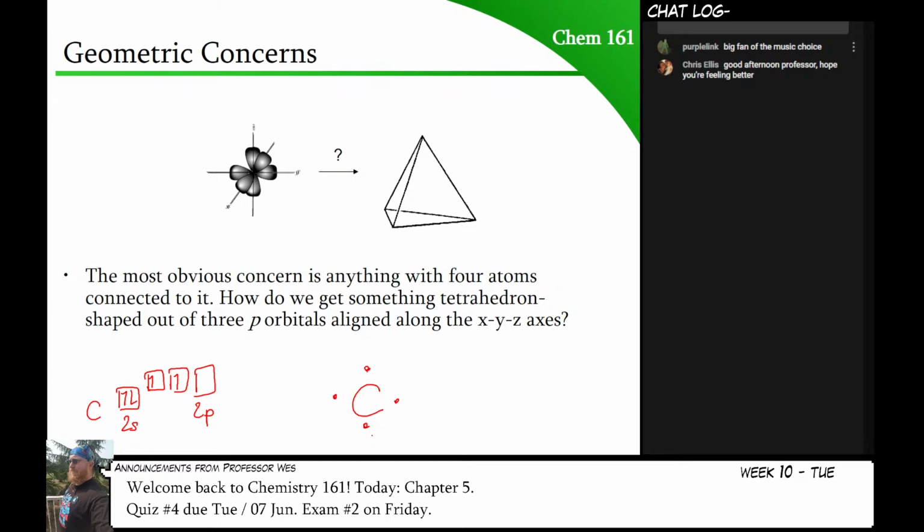Furthermore, in the geometry section, which we were going to do on Thursday, but then I could not continue because all I was doing is coughing and sneezing, hopefully you have watched the video for Thursday that talks about geometry. The geometry of something with 4 entities coming out of it is tetrahedral. That doesn't work when all you have are XYZ coordinate axes. How the heck do I get something tetrahedral? Also, how do I reconcile this? This doesn't even match. Where's the lone pair on carbon?